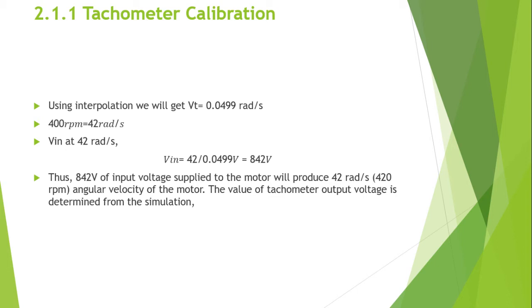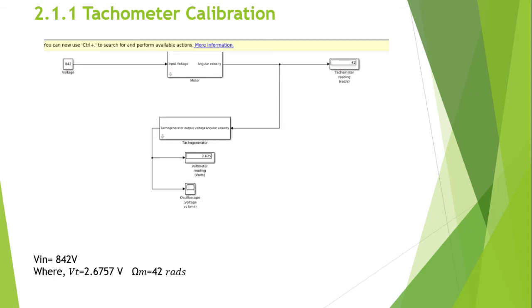So, we get 842 word, which is the Vin when we get the value of 42 rad per second. Here is the block diagram of 842 word. We can get the Vt equal to 2.6757 and omega m equal to 42 rad per second.